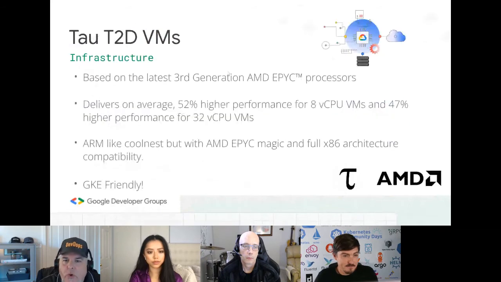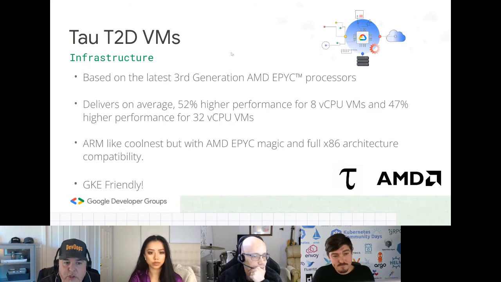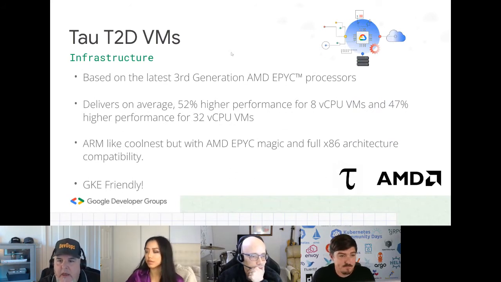Moving on to the cool infrastructure stuff, there are the Tau T2D VMs. The Tau VMs were already announced, I think in Next '20, if I'm not mistaken, initially. So it's based on the AMD EPYC processor.